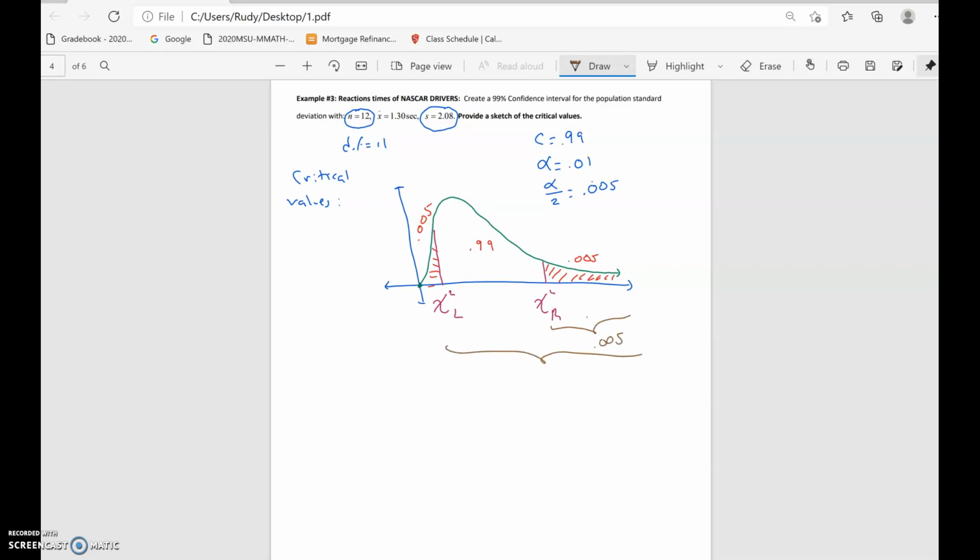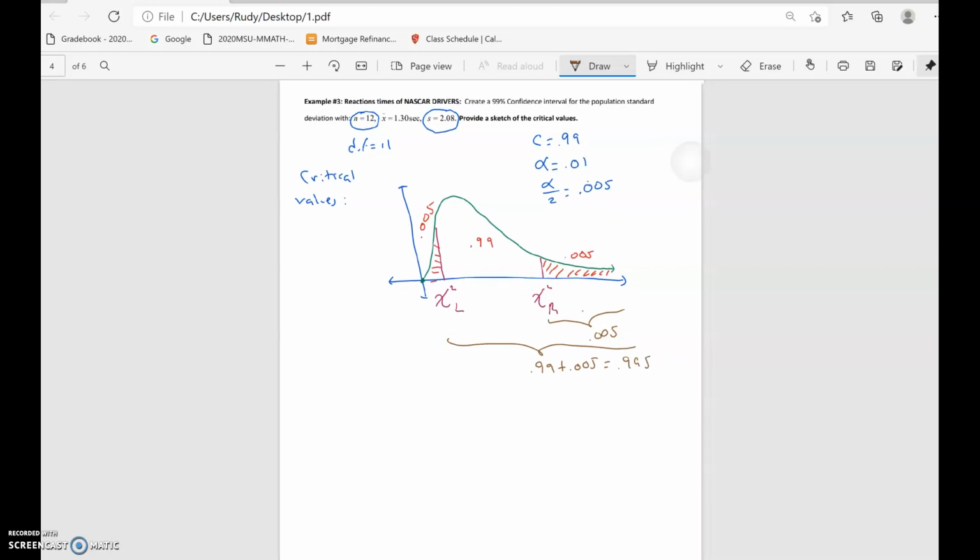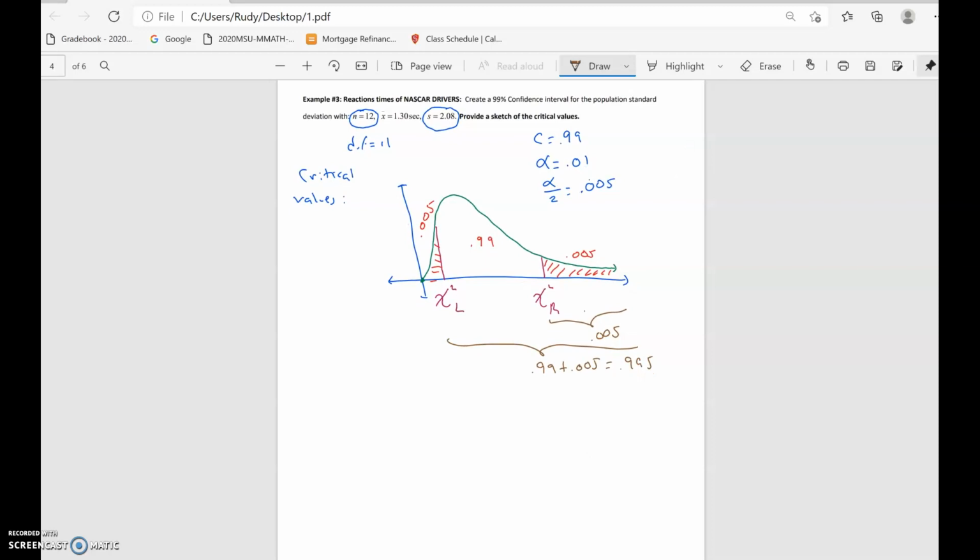The one on the left has 0.99 plus 0.005, which gives us 0.995. So we're looking at 11 degrees of freedom, total area for the one on the right 0.005, the one on the left 0.995.